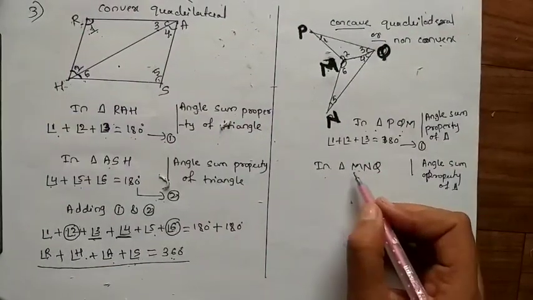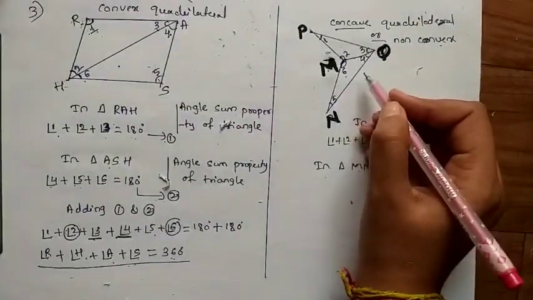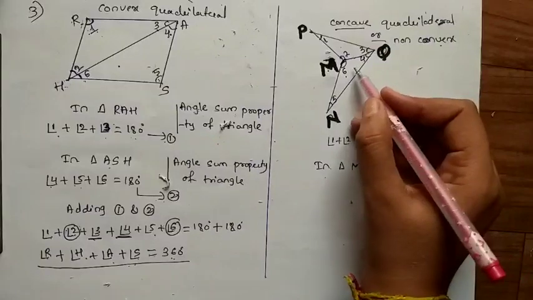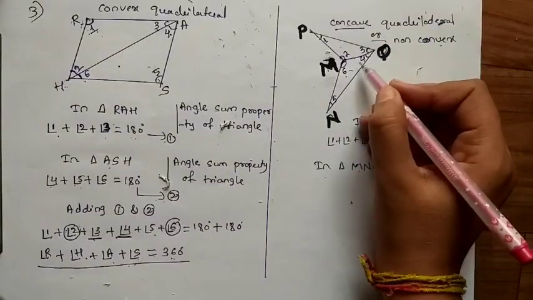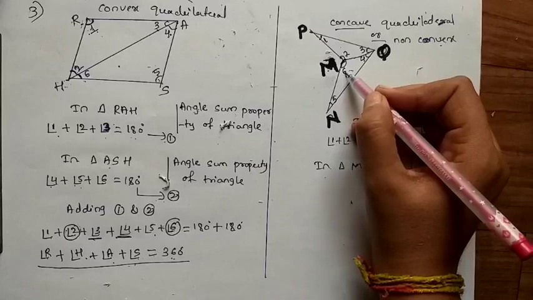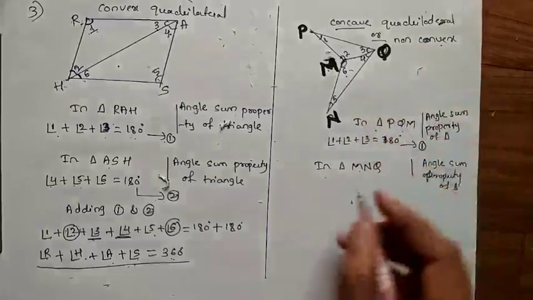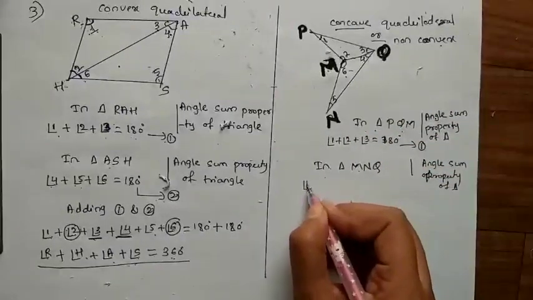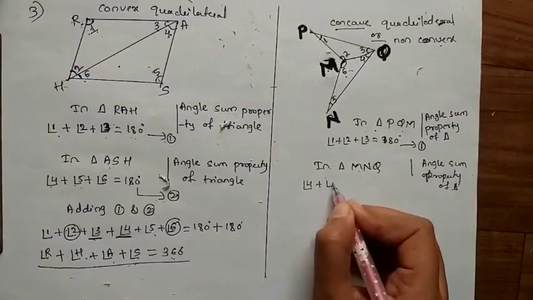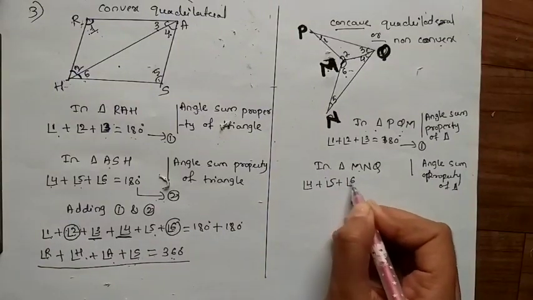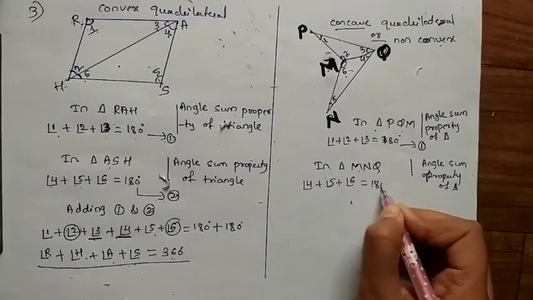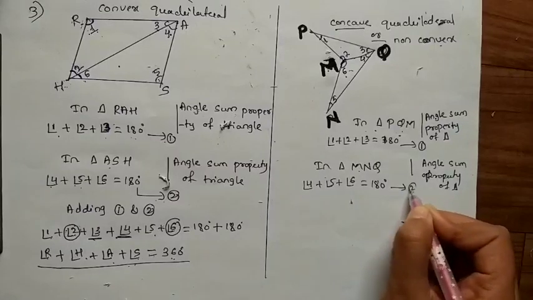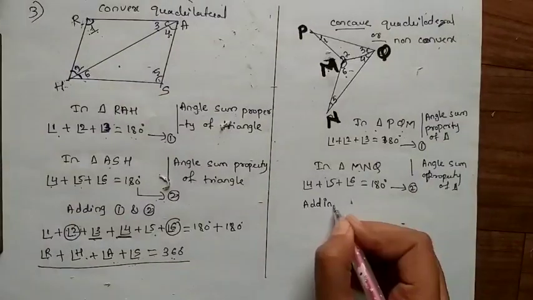The sum of the angles of the triangle is how much here? 180 degrees. Here the angles' names are angle 4 plus angle 5 plus angle 6, which is equal to 180 degrees. Take this as equation 2.